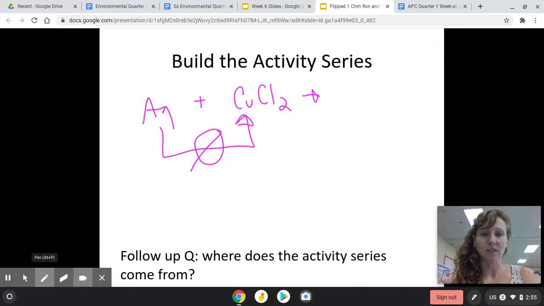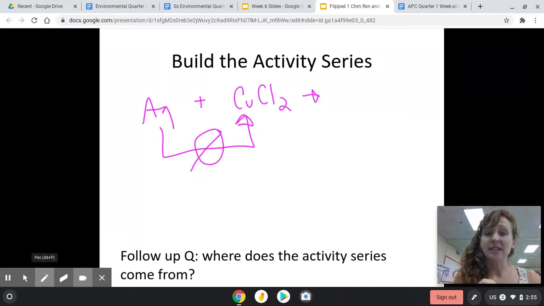It's much more stable in a compound as a salt than it is by itself. And so those coin metals are lower on the activity series because they are not as reactive as the active metals like lithium and magnesium and sodium.